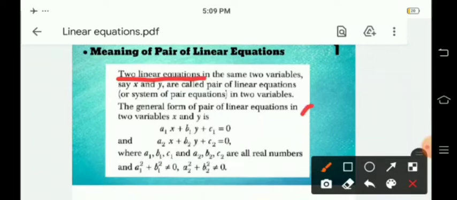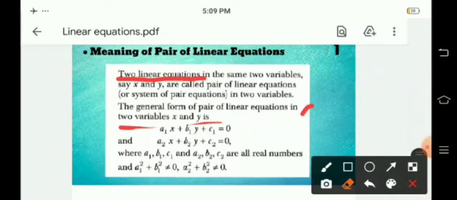The general form of a pair of linear equations in two variables x and y is a1x plus b1y plus c1 is equal to 0, and the second is a2x plus b2y plus c2 is equal to 0.